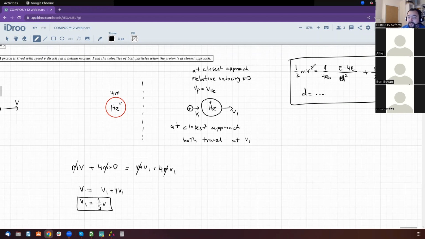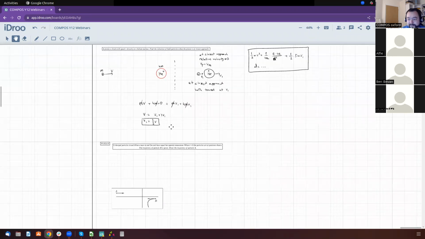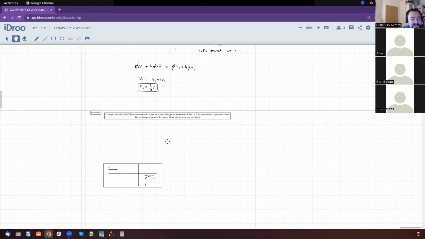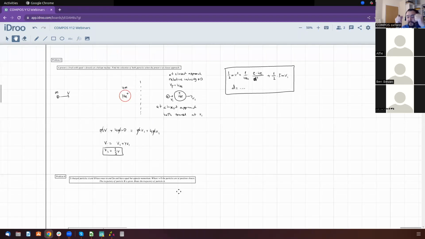No, SUVAT would not be applicable here, and somebody tell me why. Thank you. Acceleration is not constant, because the force depends on the distance between the particles. The closer the particles are, the stronger the force.